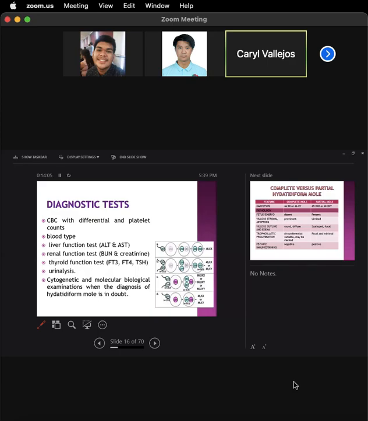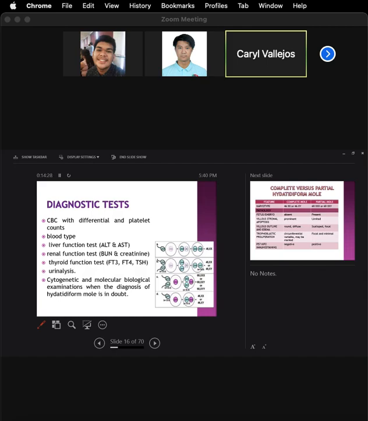Liver function test, renal function test, urinalysis. And aside from that, I forgot the serum electrolytes. Why do we request that? Because aside from the medical complications, we are preparing the patients in case they are able to receive chemoprophylaxis.